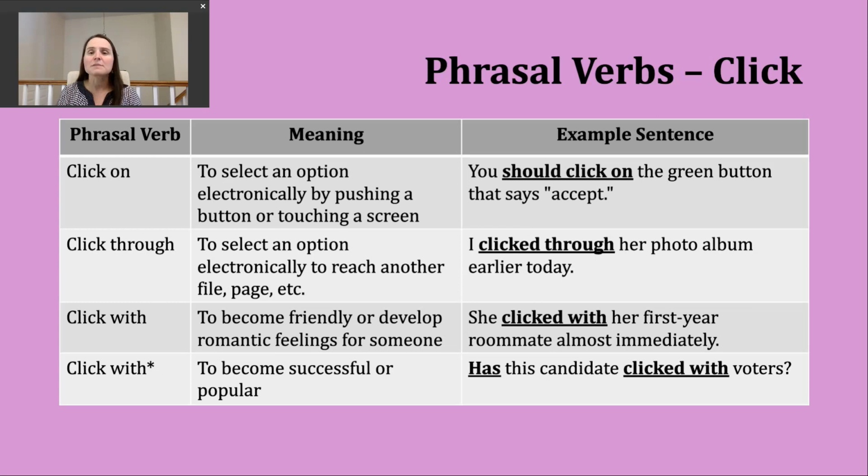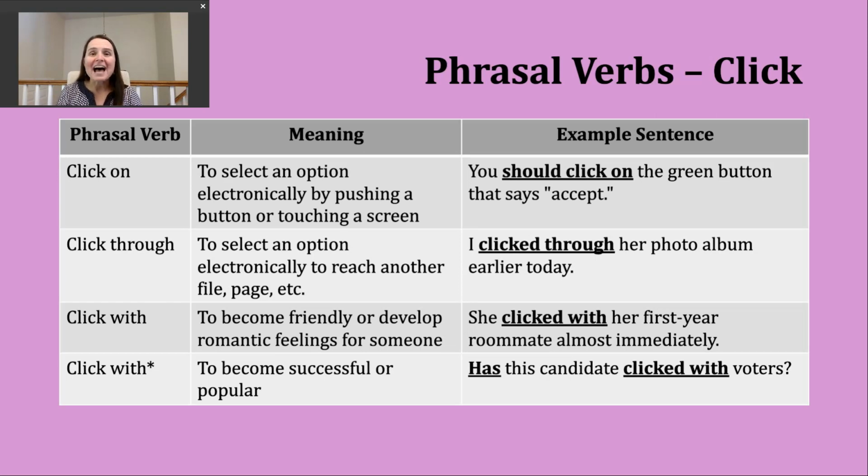So an example of this might be, you should click on the green button that says accept. Okay, so maybe you've had a clerk at a store say something like that to you. If you're using a credit card or a debit card, you might need to sign and click or make this selection to continue processing the transaction.